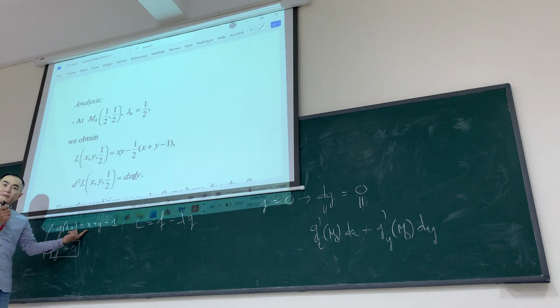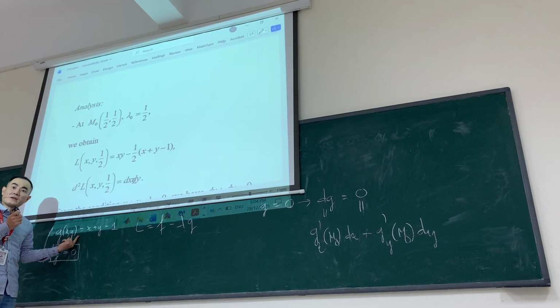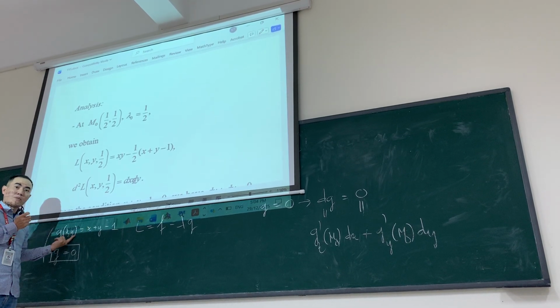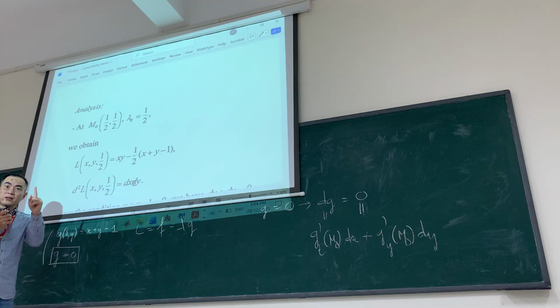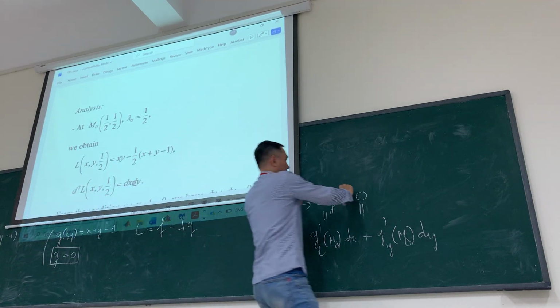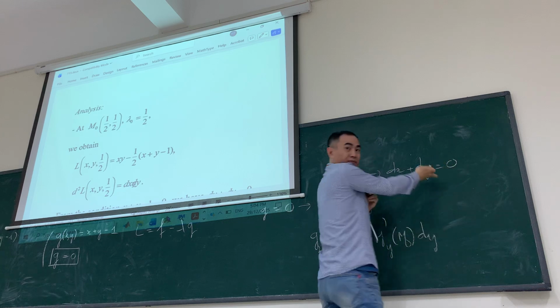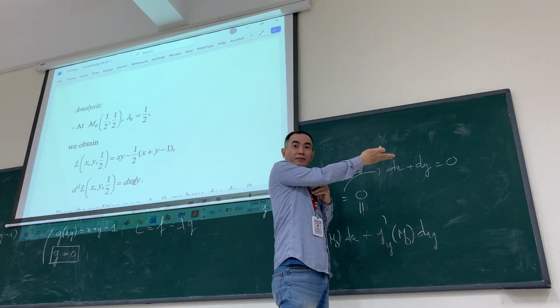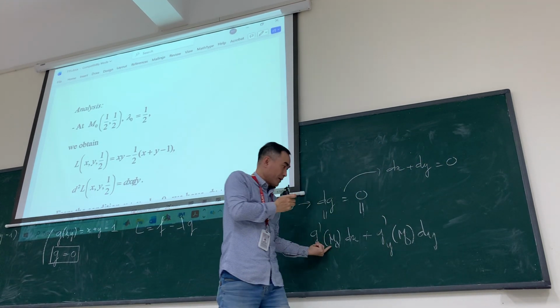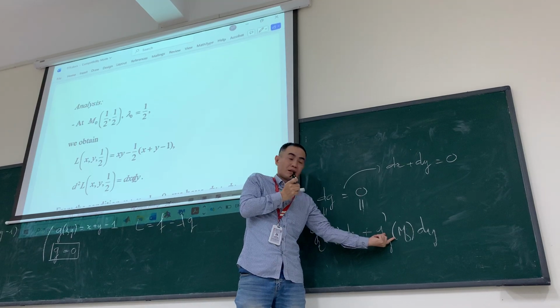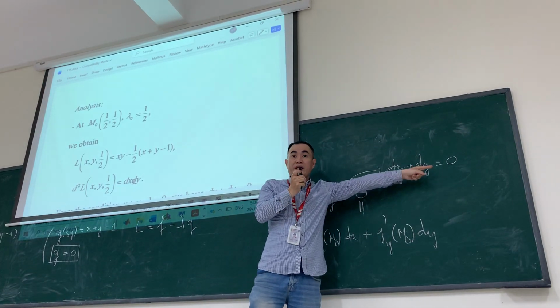Z prime x has what value? 1. Z prime y has what value? 1. So in here, we can imply dx plus dy equals 0.